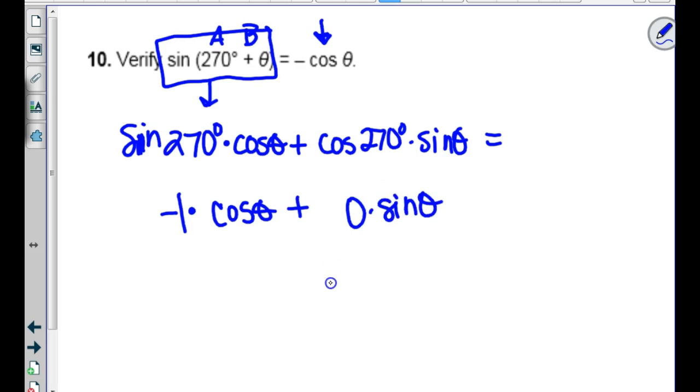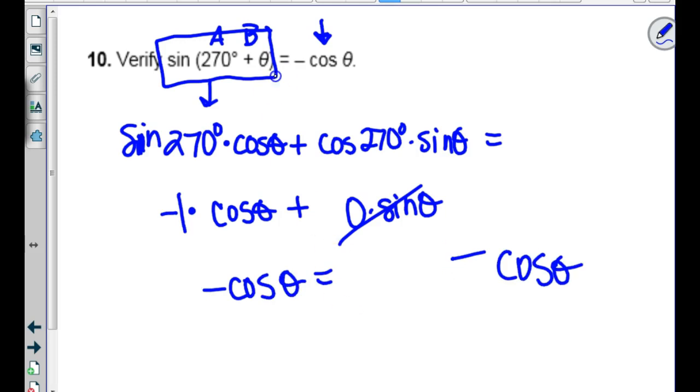So what happens to all that? This is 0, and this is just negative cosine, which we were supposed to get equal to negative cosine. Okay? So those are some of the easiest proofs of all. Any questions about those? And again, on the quiz, I did give you some hints because I think when you just look at it, it's tricky to think what you're supposed to be doing.